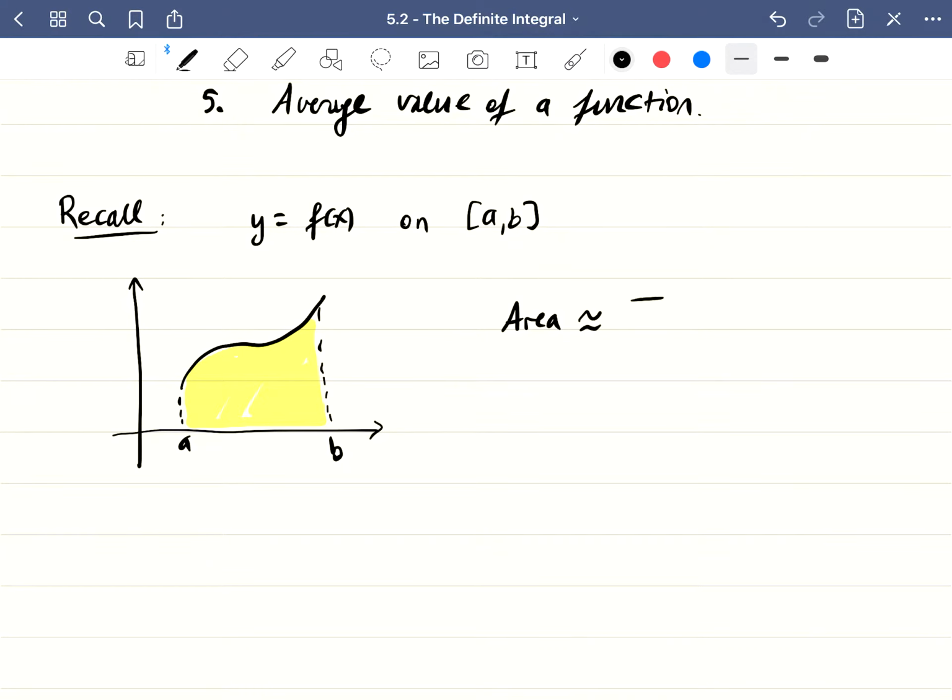We can take the Riemann sum of f of xi star delta x, and the area is approximately this Riemann sum. So this whole thing is called the Riemann sum. Let me remind you of that.